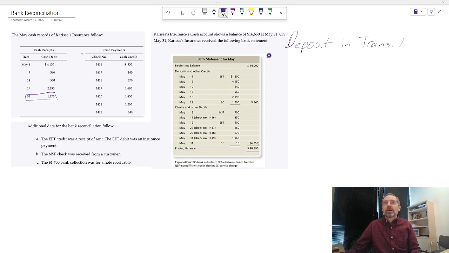All right. Also on the book side here, we're going to look at all of our checks. We wrote a lot of checks. And to understand what is happening here, we have to understand the process that a check goes through. So let's say you write a check to your friend.